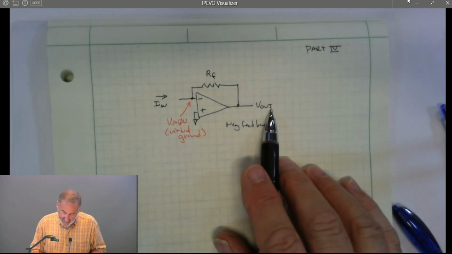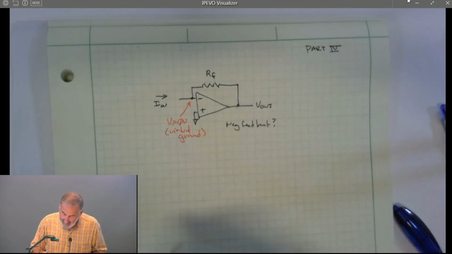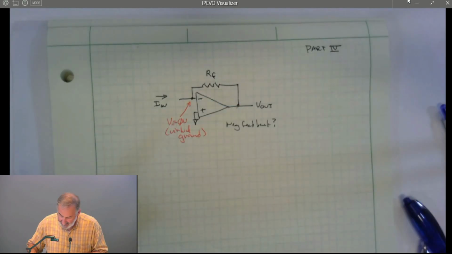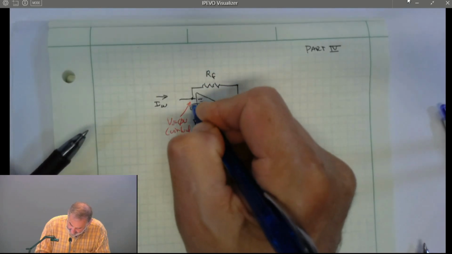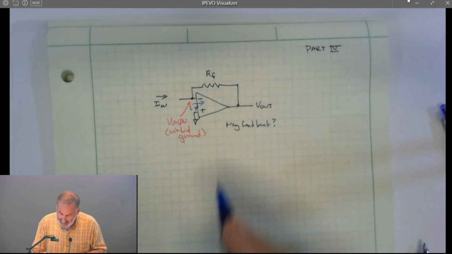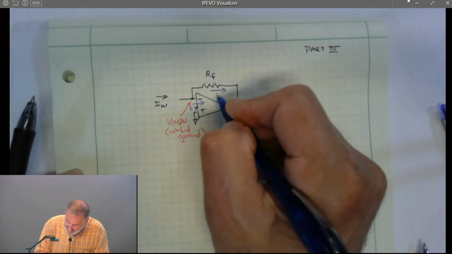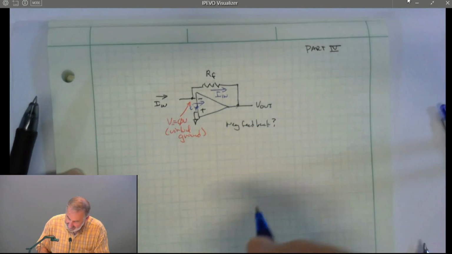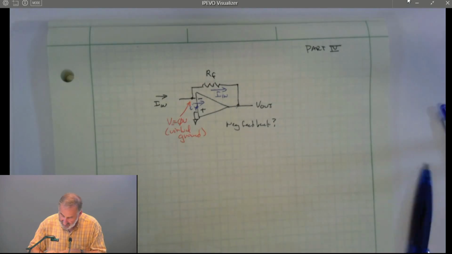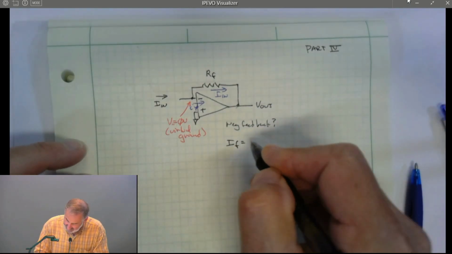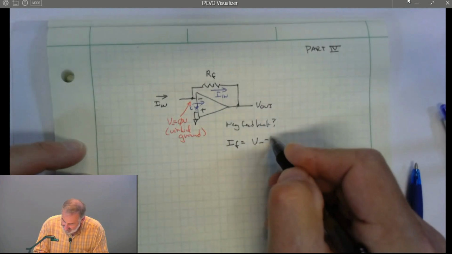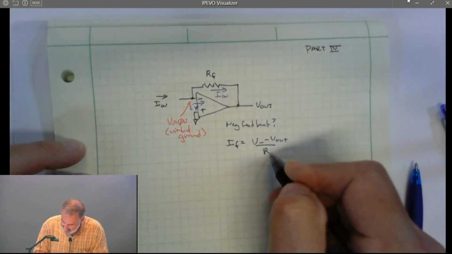And V out is going to be a function of I in. No current flows into the op-amp, which means that the current that flows through RF has to also be I in. But the current that flows through RF, IF, is equal to V minus minus V out over RF.